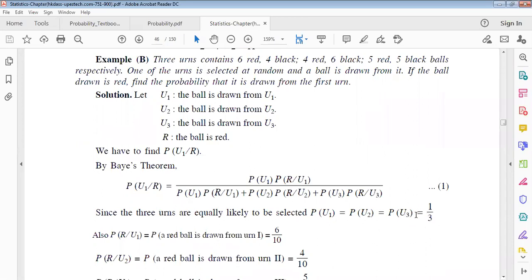Remember it. We have to select only 1 urn, but there are a total of 3 urns. This is why the selection probability will be 1 by 3.